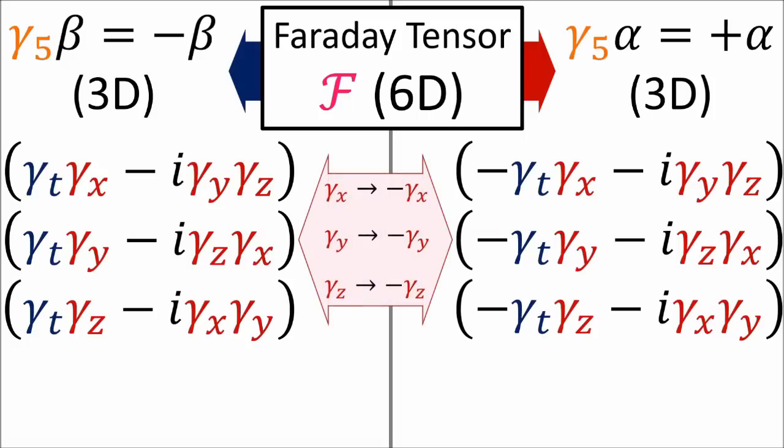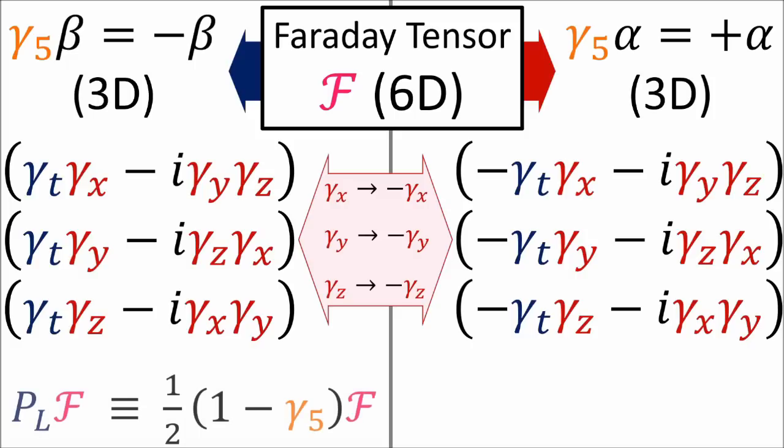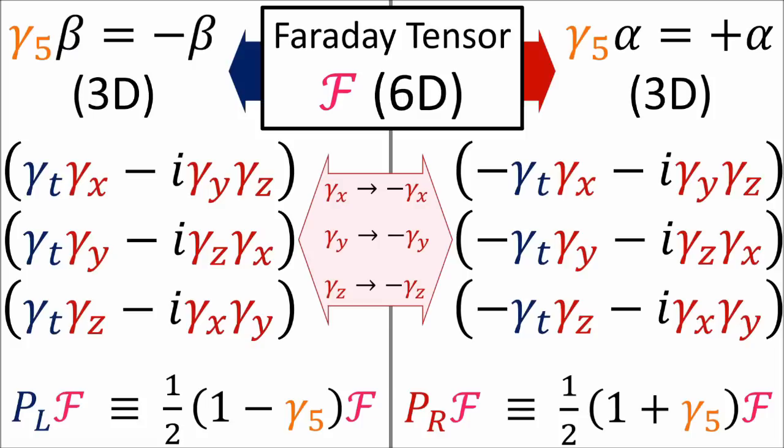And we get from one subspace to the other by mirroring the spatial dimensions x, y, z. We can also use the left and right projectors we defined previously to split the electromagnetic field tensor into left and right halves. It turns out that these -1 and +1 eigenspaces transform independently under Lorentz transformations.